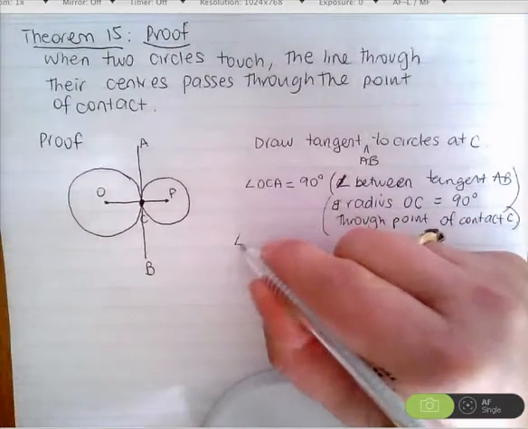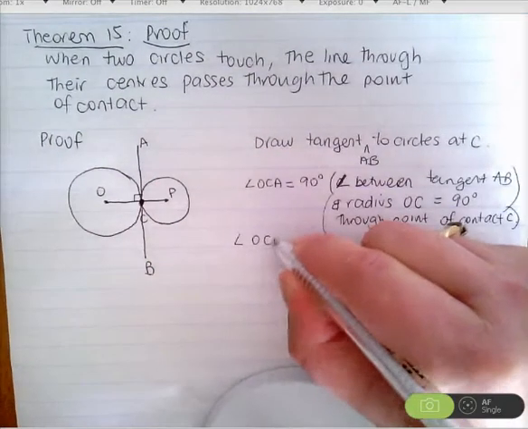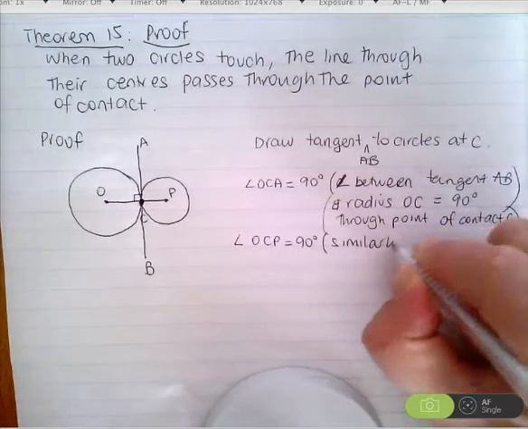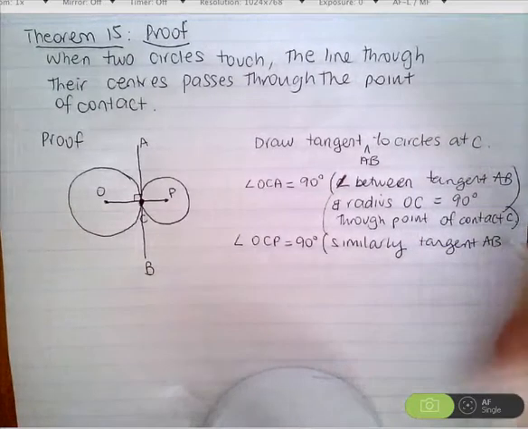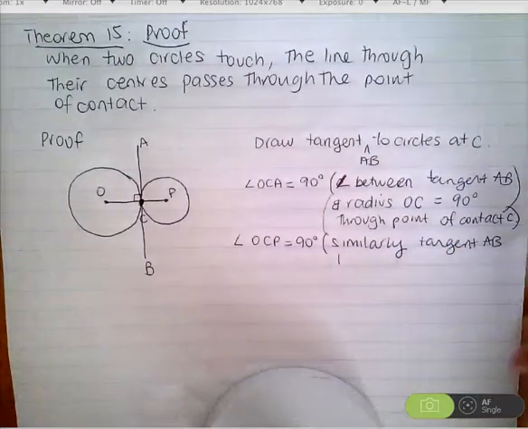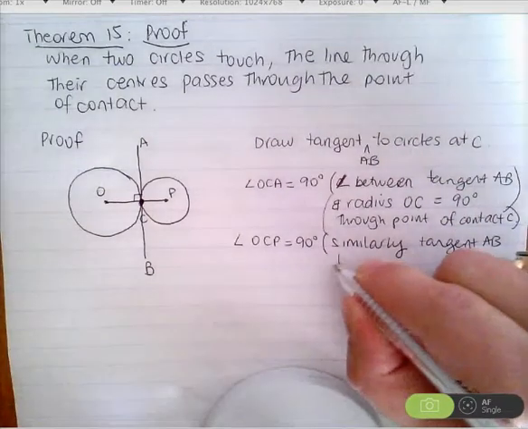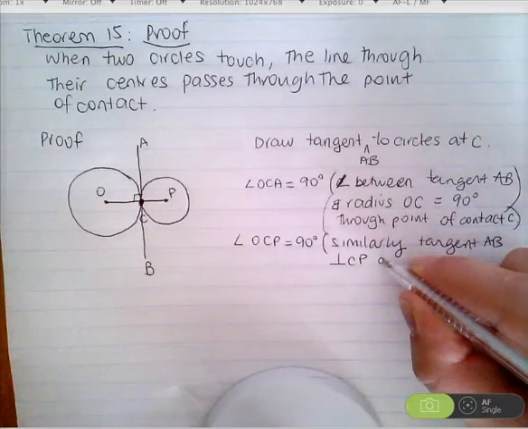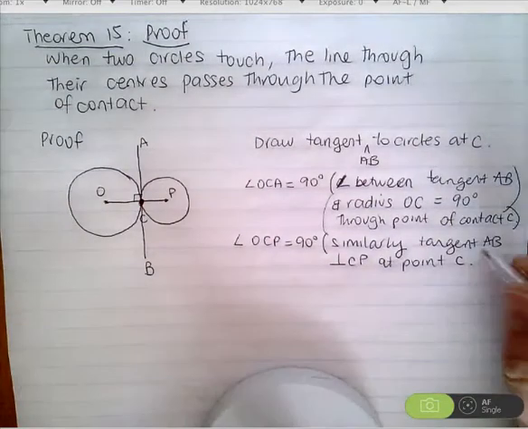And we also know that angle, so I'm just going to put that that's a right angle. We also know that angle OCP equals 90 degrees, and it's also similarly that your tangent AB is perpendicular to CP, basically, through point C. Okay?